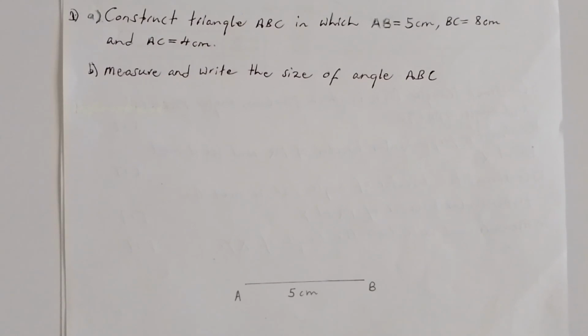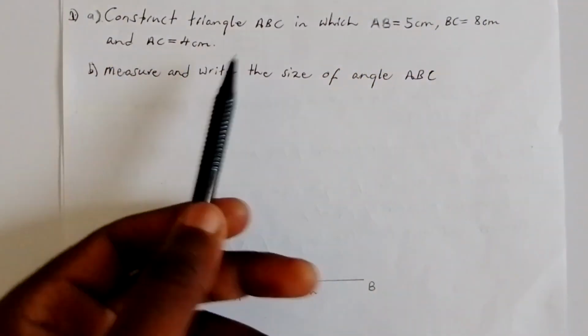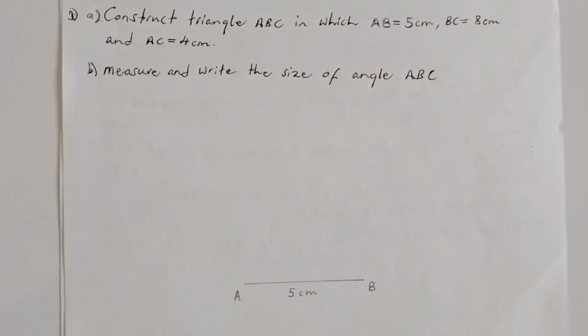Okay, so when we look at this type of a triangle, the construction of this triangle, we have seen that it does not involve any angle in the process, because all we have are just sides AB, BC, and AC. So now how do we work out this type of a triangle?